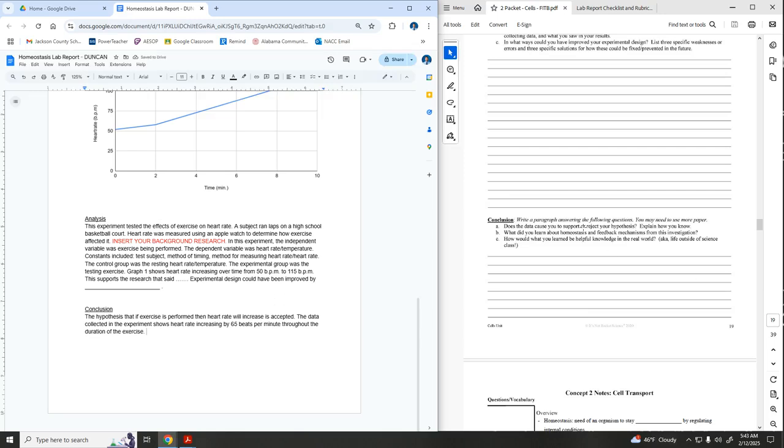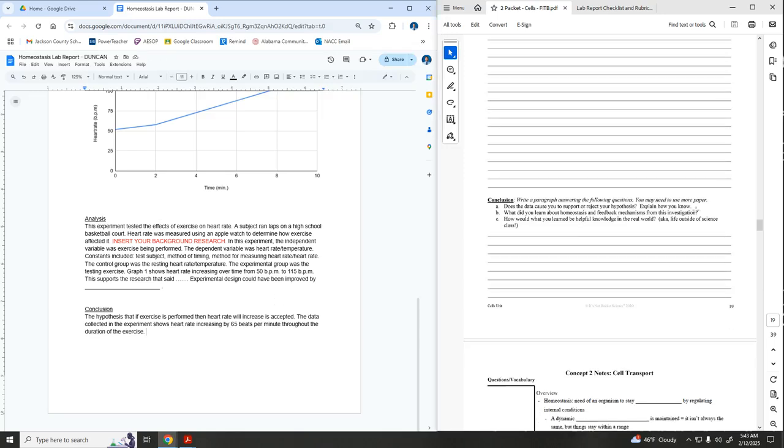What did you learn about homeostasis and feedback mechanisms from this investigation? So that part's kind of on you. If you learned that we balance out the demand for oxygen by increasing blood flow or increasing breathing rate, or if you learn that, hey, whenever I start sweating, my body temperature cools to release my core temperature, you put that.